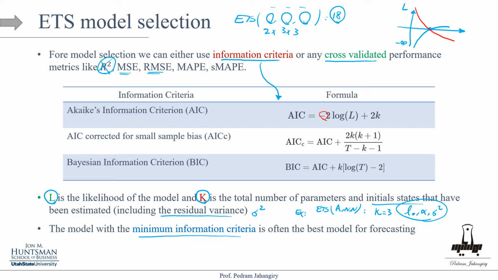Let me erase this and show you something. If the likelihood is equal to 1, what is log of 1? Log of 1 is equal to 0. So this is where we get the maximum, right?